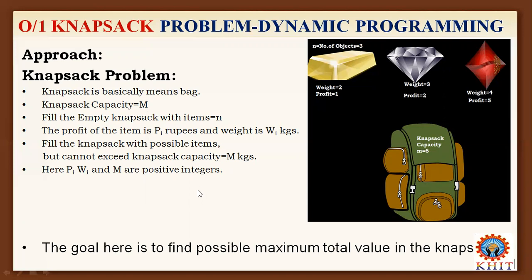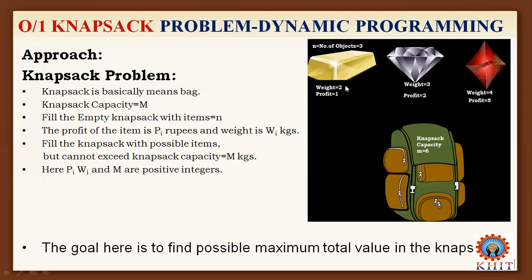Now, here there are some objects. There are three objects listed here. The first one is object one, the gold object. This gold item has a profit of one, one meaning 1 lakh rupees, and weight is 2 kg.